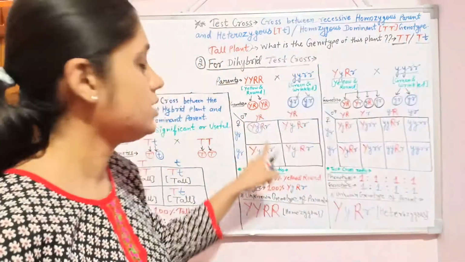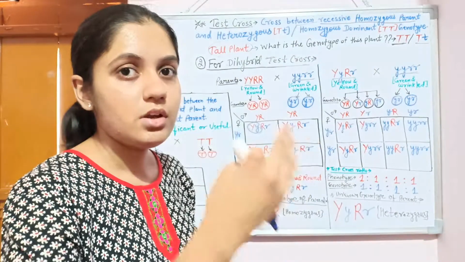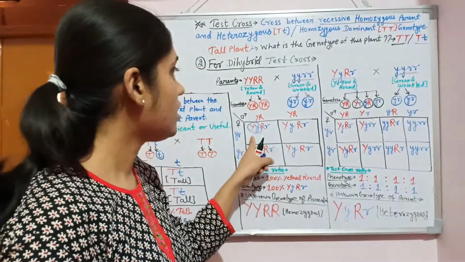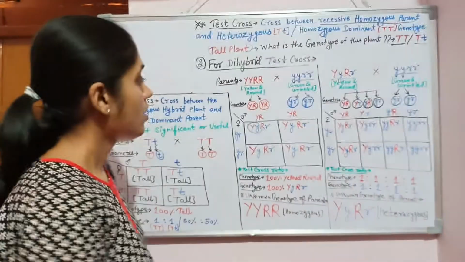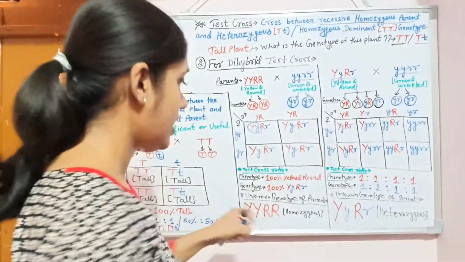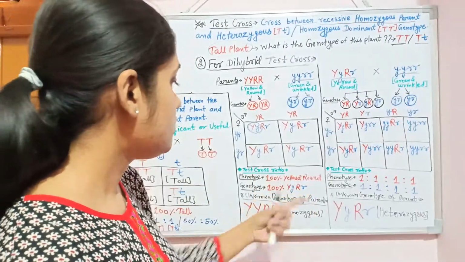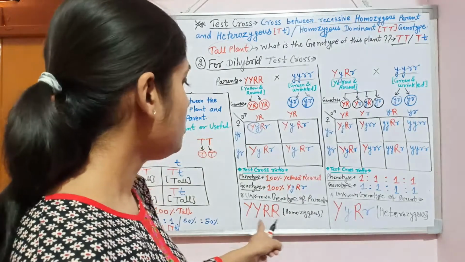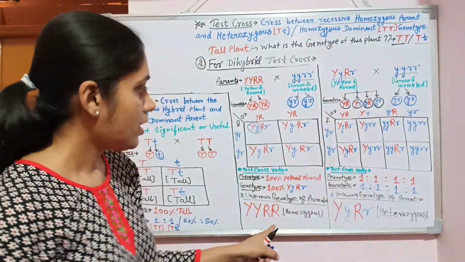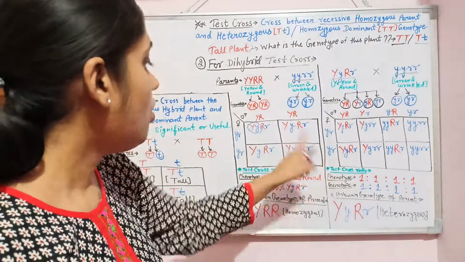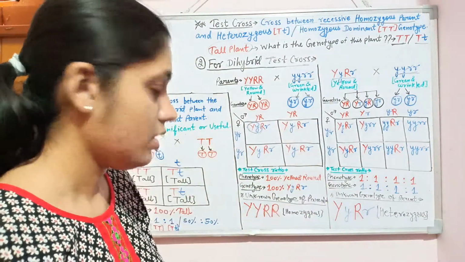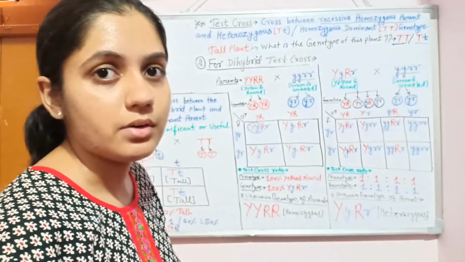So in any progeny, both alleles of a single gene do not come from the same parent. Both alleles are from different parents, okay, for different genes. So that's why it happened. Here we can assume that the unknown genotype of the parent is this, because all the plants have the yellow and brown, no recessive character.